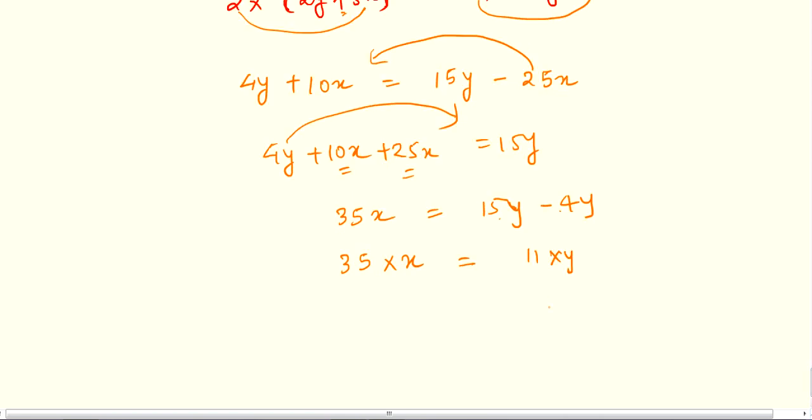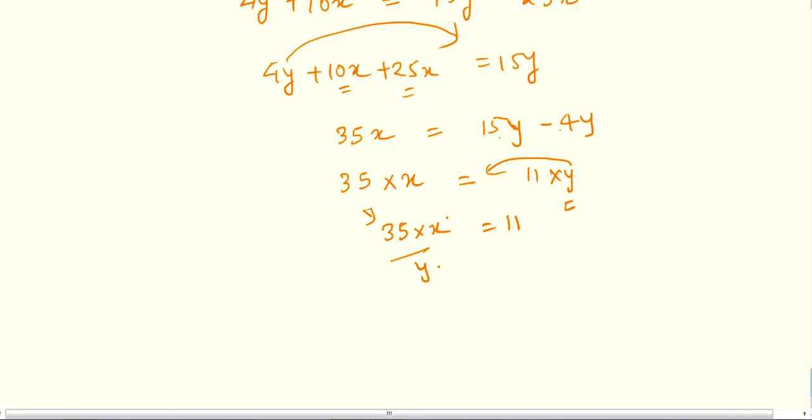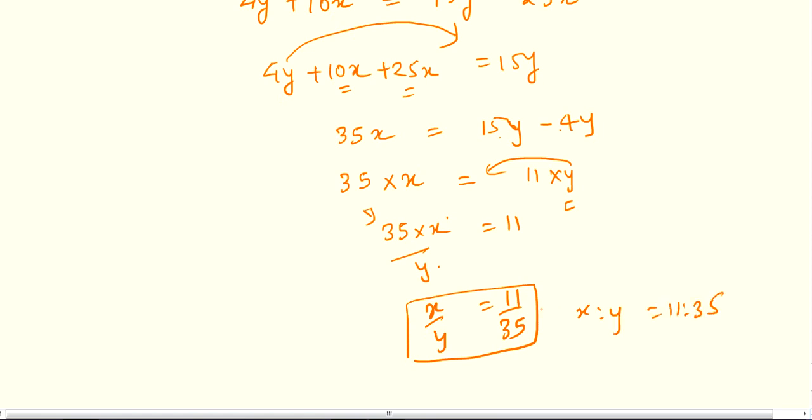Now we have to find x upon y. So simply transpose this y to the right-hand side. So 35 into x upon y equals 11. We have to find x upon y; 35 is extra, it is multiplying here, so on going there it will divide. So x upon y equals 11 by 35. So we got x upon y as 11 by 35. So x is to y is 11 is to 35.